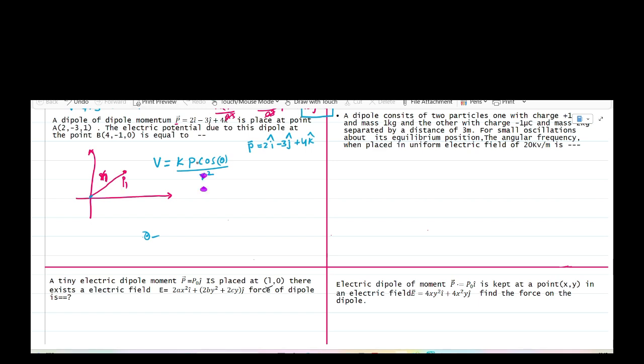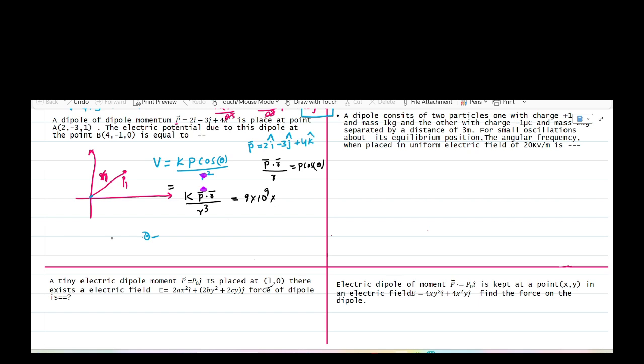Now cos theta I don't know, but I can change this into vector form. I know P cos theta can be written as P bar dot r bar by r, according to the dot product of P and r. Therefore it is K into P bar dot r bar by r cube. So that is equal to 9 into 10 to the power of 9 into P bar dot r bar, by r cube.